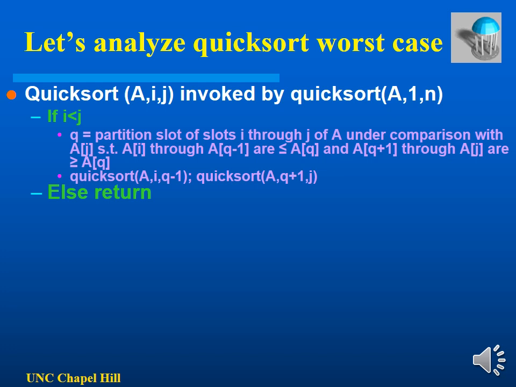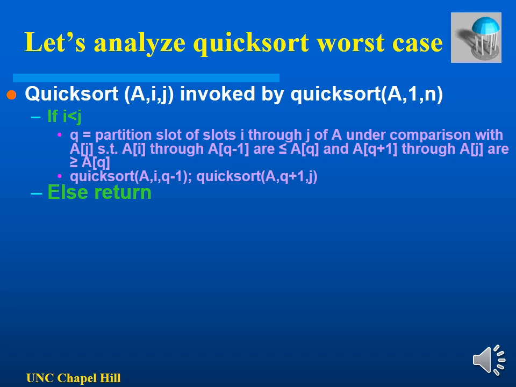And if an element being compared is less than the partitioning element in its key, then we will put it in one subfile. And if it's greater than or equal, we'll put it in the other subfile. Thus, we produce 2 subfiles. And we can put the partitioning element between those 2 subfiles. It's in the right place now.